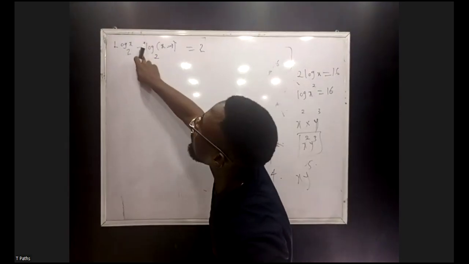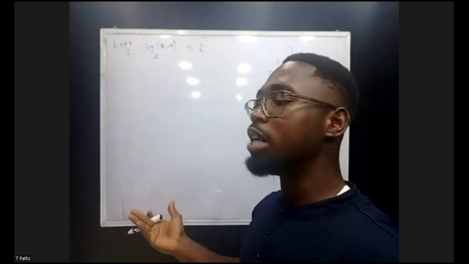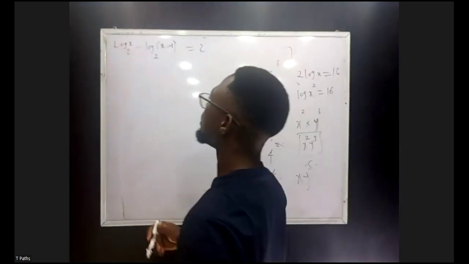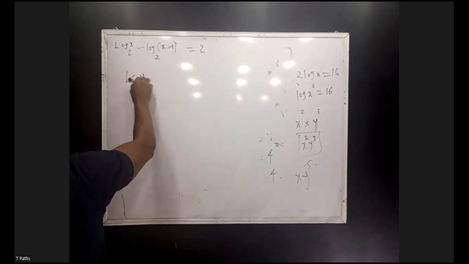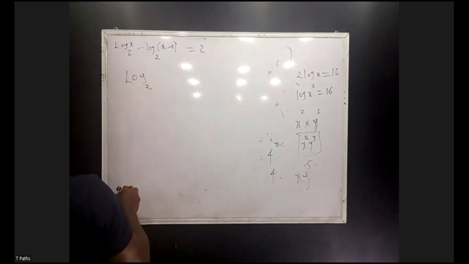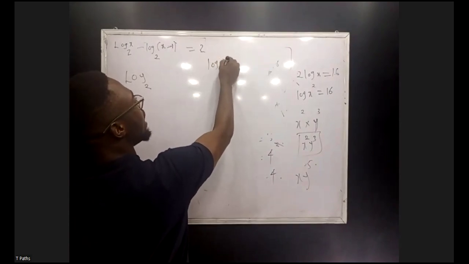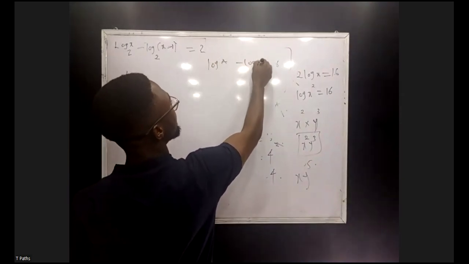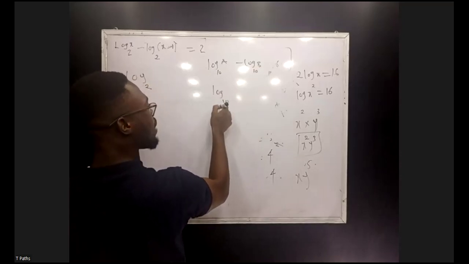And I can see a minus in between the two logarithms. So if I see a minus in between the logarithms, what should I do? I should divide. So this will now be logarithm to base 2. I'll pick the common base because the rule says that logarithm of A minus logarithm of B, I'm assuming that they are of the same base, I will take that common base.